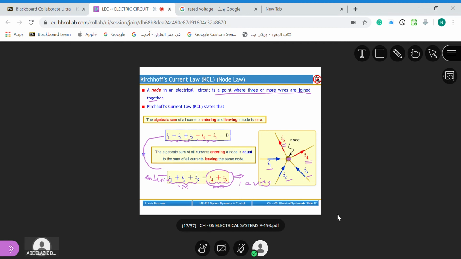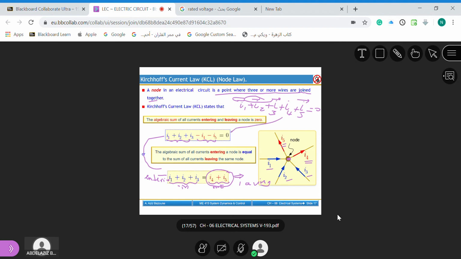So you can write it also in vectorial sum like this: I1 vector plus I2 plus I3 plus I4 plus I5 equal to 0. When you remove the arrow, you will take the sign into consideration.